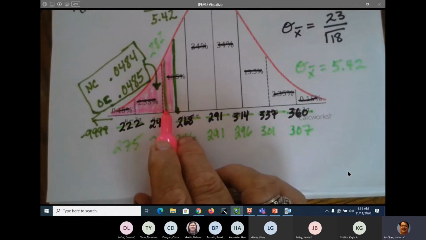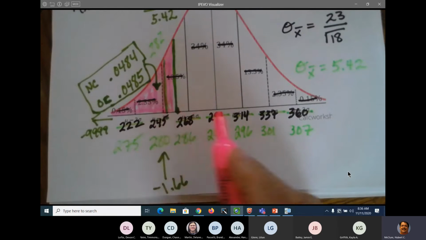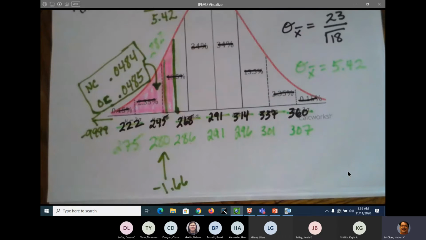I was looking at 283 being right about there, so I drew it wrong. So that's why my empirical rule gave 2.6%. I had it drawn wrong. But we don't need a picture. If you're still trying to do this without a picture, more power to you.